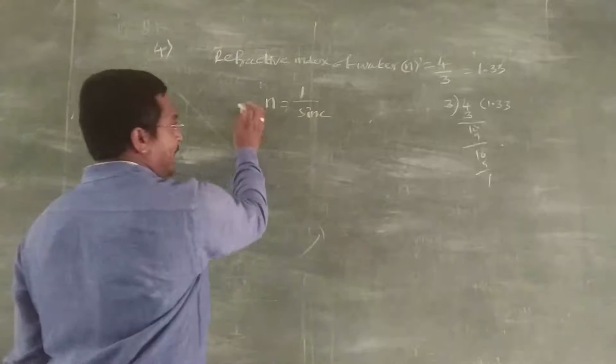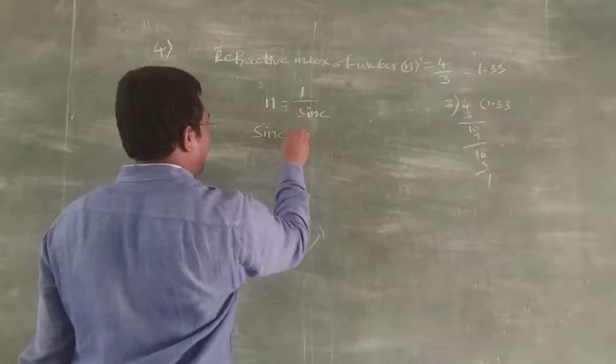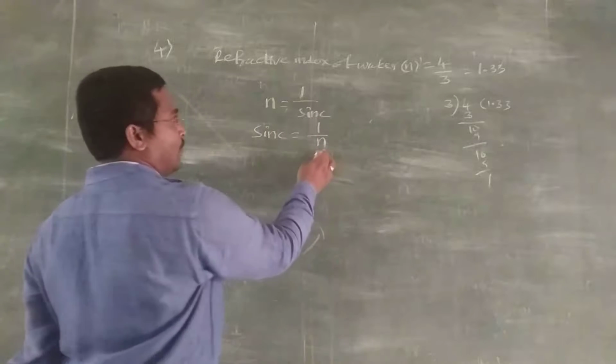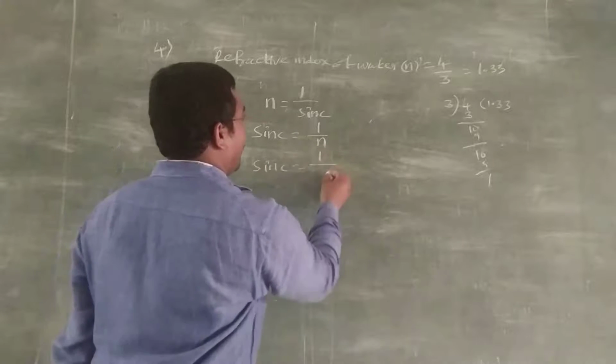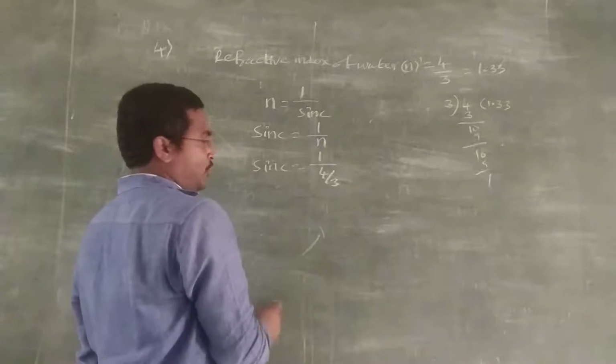Rearranging, sin c is equal to 1 by n. What about the value? Sin c is equal to 1 by 4 by 3. 4 by 3 you write as 3 by 4.